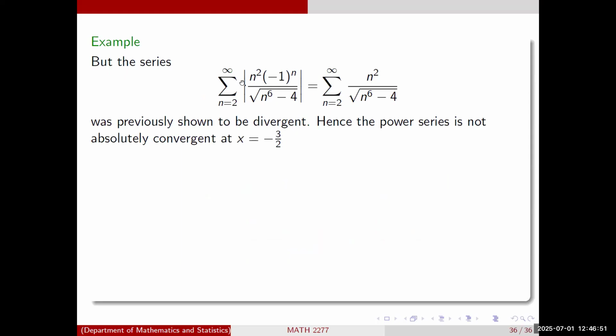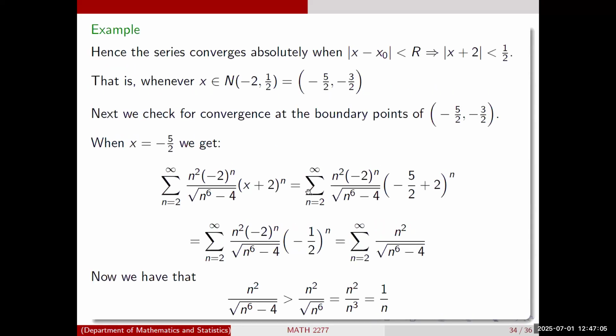Notice that when you take absolute value, this new series you get was the one we just worked out: summation n squared over root n to the 6 minus 4. Where did we see that before? That's this series over here. That's the series we got when we plugged in x equal minus 5/2.